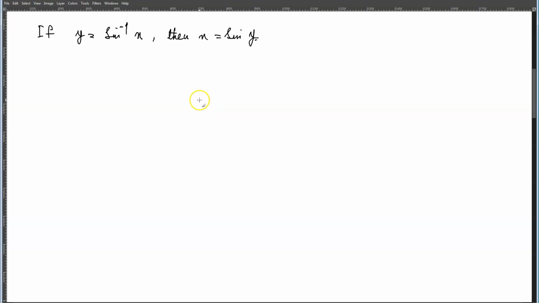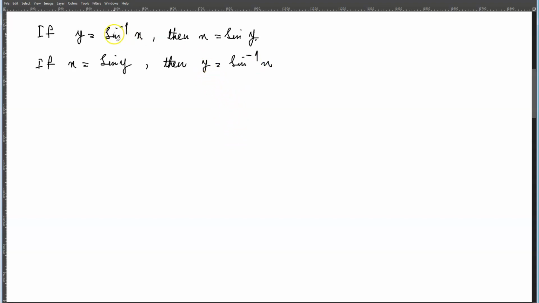And if x is equal to sine y, then y is equal to sine inverse of x, right?